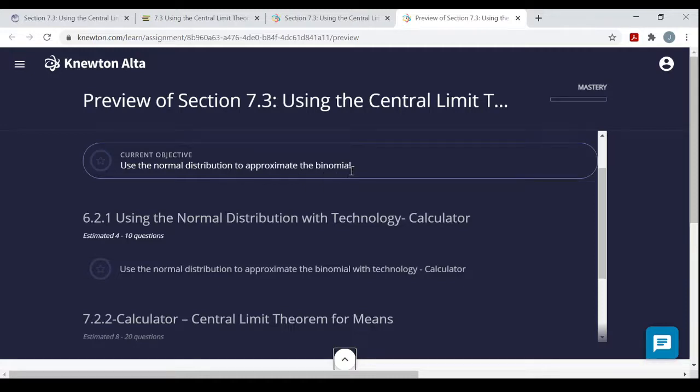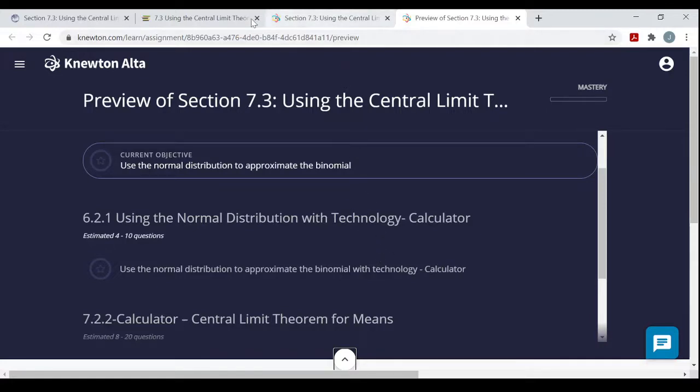Remember the binomial distribution, I hope you do. That was for a discrete random variable where you either had successes or failures in n independent trials. And then this second objective is doing this again, using the normal distribution to approximate the binomial with your calculator, which I'll show you both, of course.